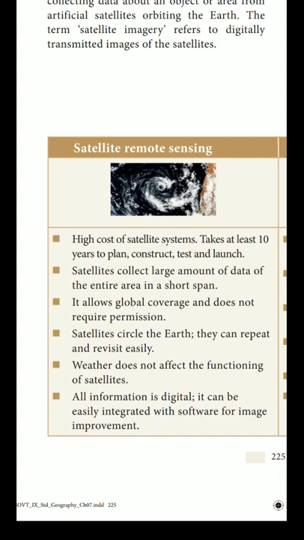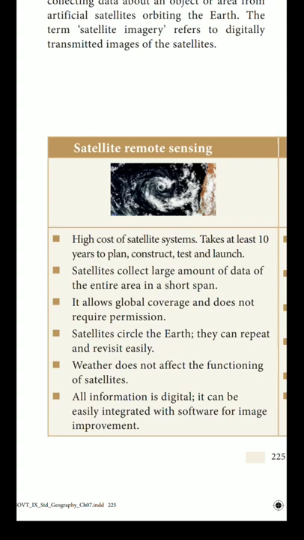Next, it allows global coverage and does not require permission also. Next, satellites circle the Earth. They can repeat and revisit easily. Weather does not affect the functioning of satellite. All information is digital, so it can be easily integrated with software for image improvement.